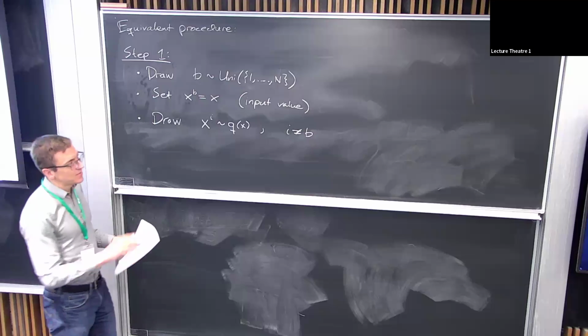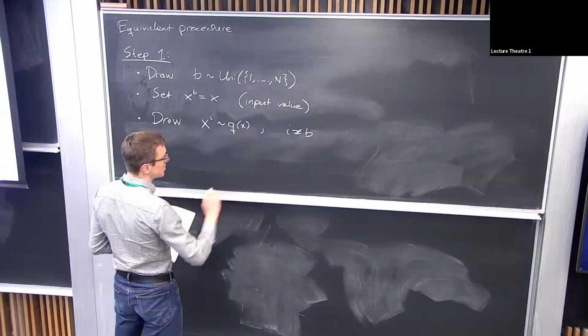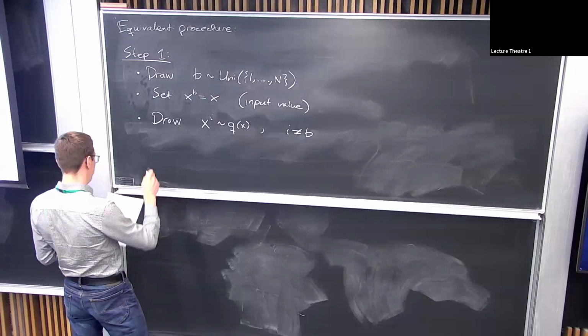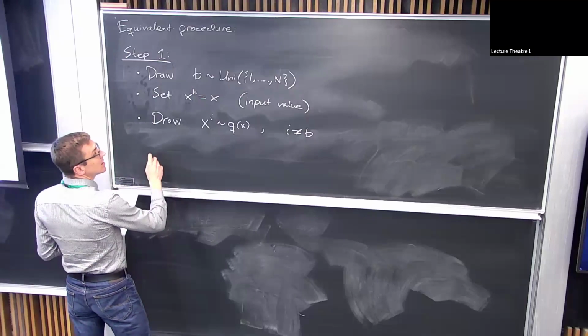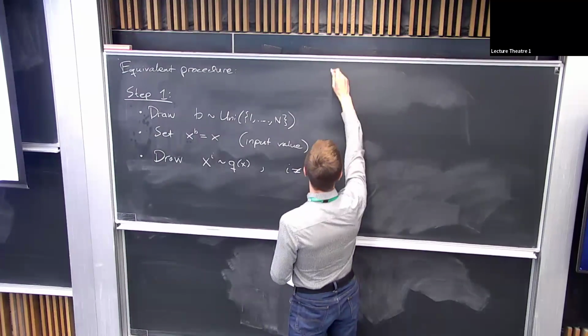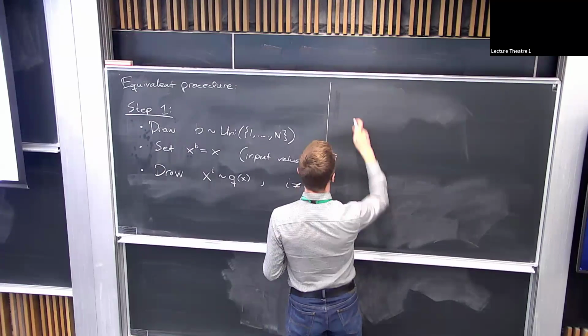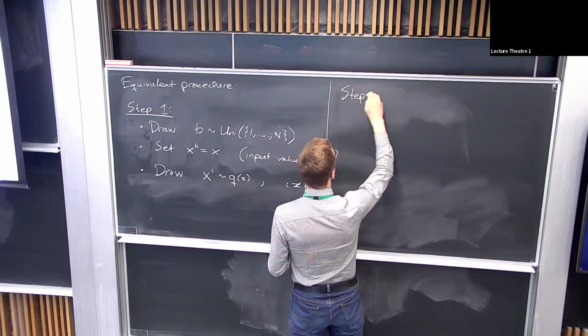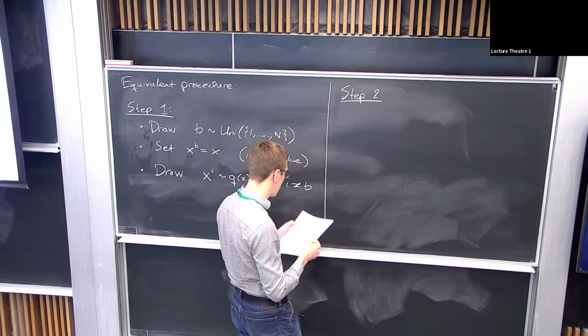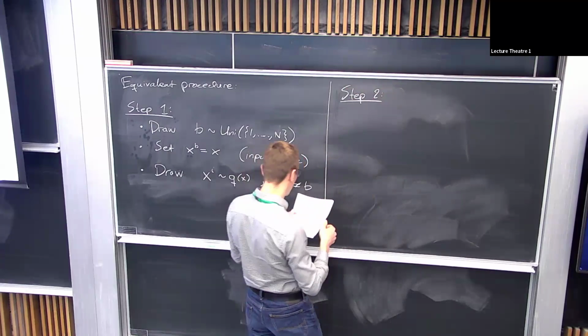And before I did that for all except n, so up to n-1, that's how we skip the b sample here. So that's step 1, and then in step 2, this is just splitting the procedure into 2 steps because I will analyze them separately.